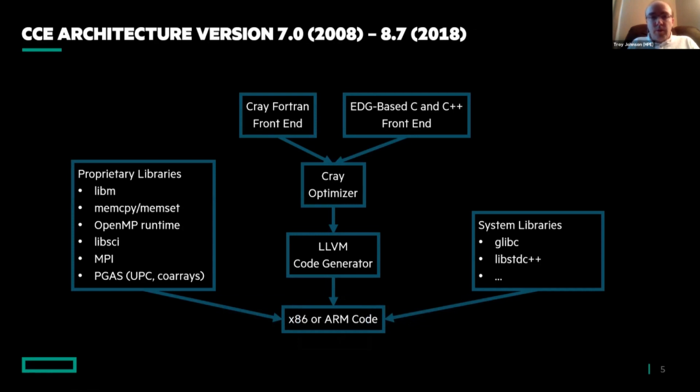So in this model, we're using LLVM strictly as a code generator, meaning that we bypass most of what opt does because we've already optimized the code in our own optimizer. And LLVM lets us target a wider variety of processors than the old Cray vector targets. Most typically this is x86 code or ARM code.